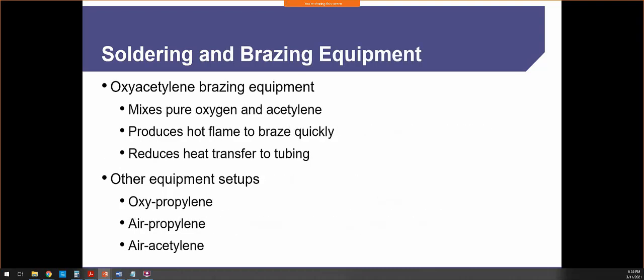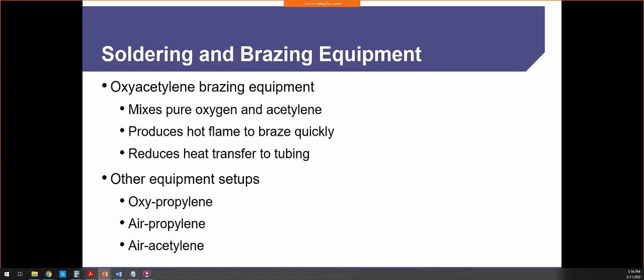All right, we have oxyacetylene brazing equipment, and that mixes pure oxygen and acetylene, produces a hot flame to braze quickly, and reduces heat transfer to tubing. The longer we apply heat to tubing, the more chance of damage that we have.